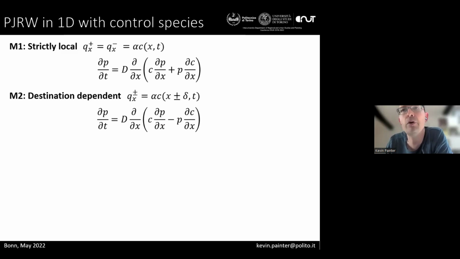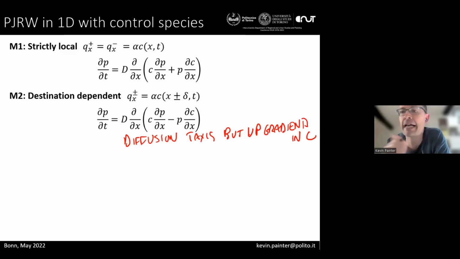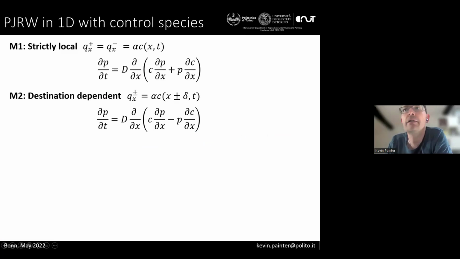Again, we've got a diffusion type term, and this is a taxis type term, but up gradients in C. The last one was a taxis down the gradients in C. Now we've got a taxis up the gradients in C. So again, we've shown how you can go through the process.